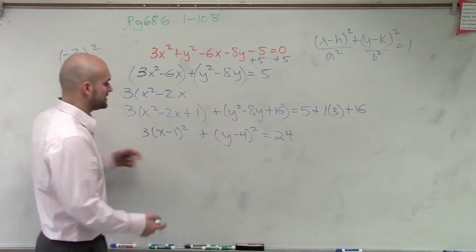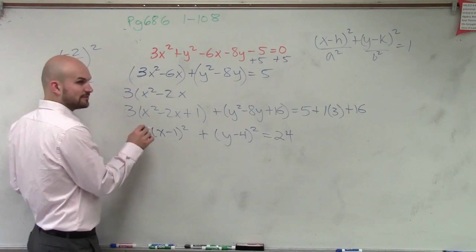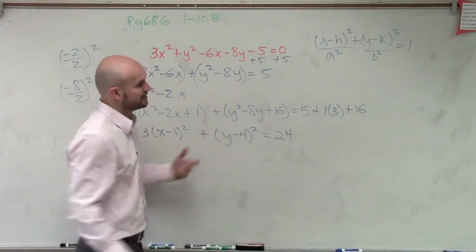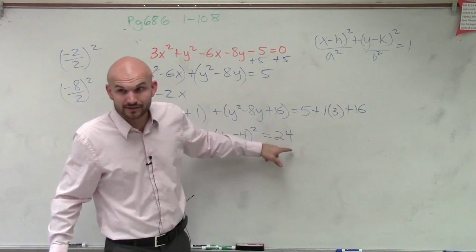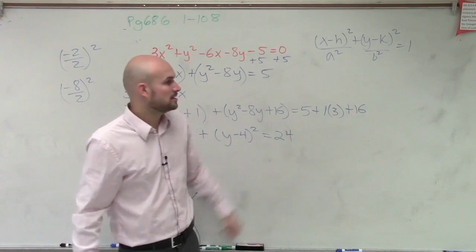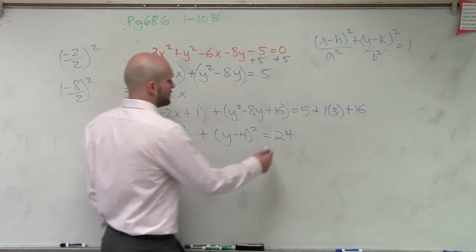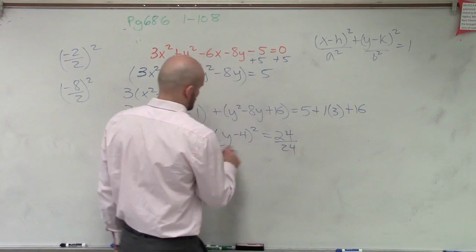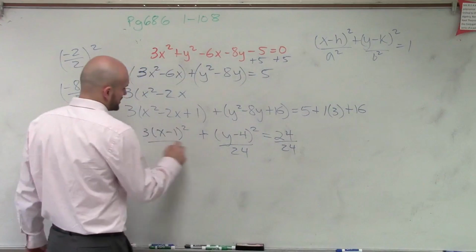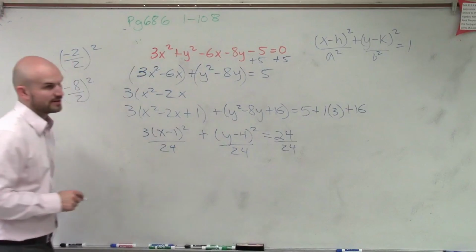So to figure out our a and our b, I need to get rid of this 3. Or actually, I'm sorry, anything. I need at least this to equal 1, right? This needs to equal 1. So to do that, what I need to do now is divide by 24. So I'm going to have to make sure I divide everything by 24.